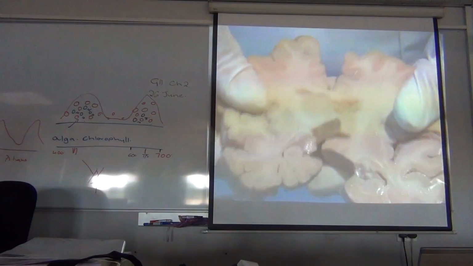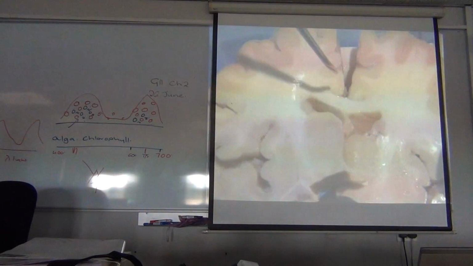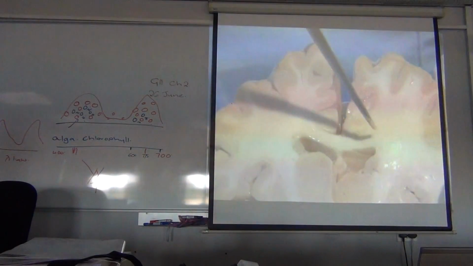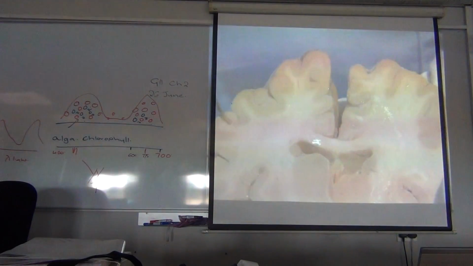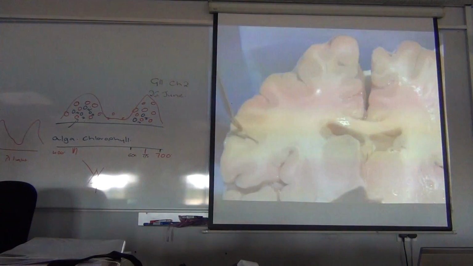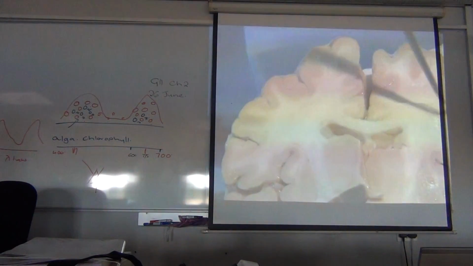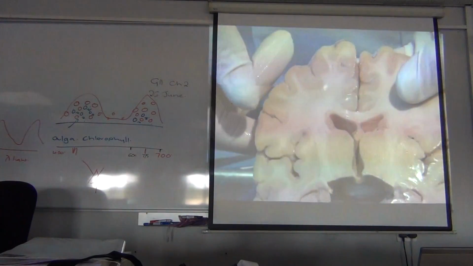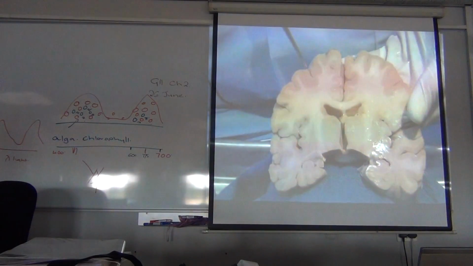It was that band that held the two hemispheres together. When we were looking down through that interhemispheric fissure, the base of that was this band of white matter connecting similar areas or homotopic areas of one hemisphere with the other. And this is a way that the right and the left hemispheres can communicate.